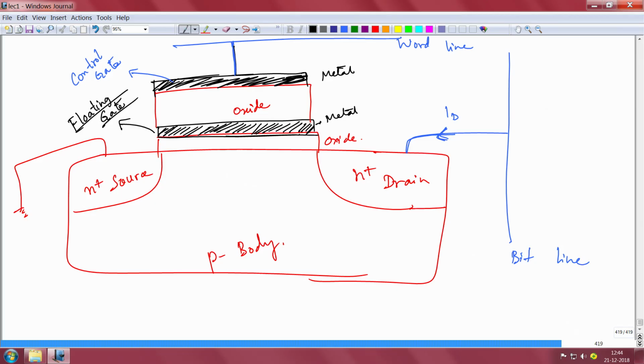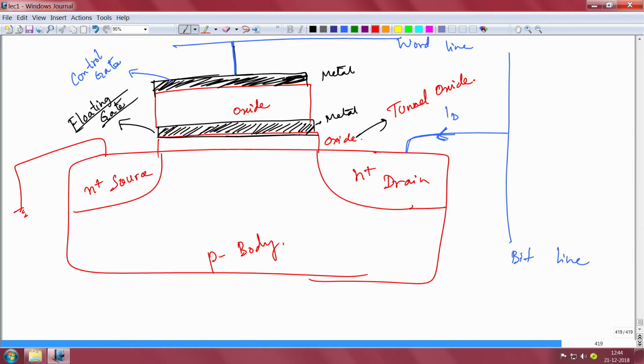I'll come to that. And this oxide in the lower part is very thin, it's called the tunnel oxide. Carriers will tunnel through this oxide. So how does it work? The way it works is that you are charging and discharging this capacitance with field tunneling.